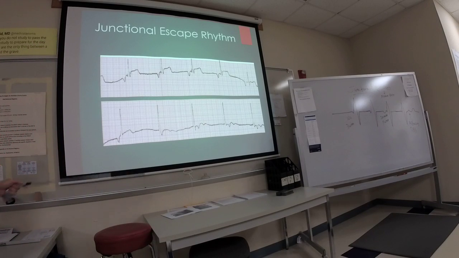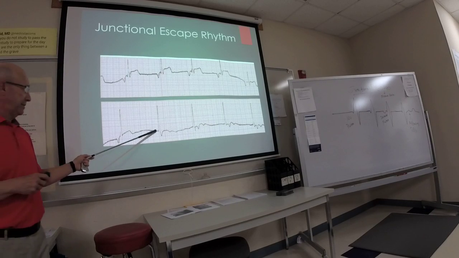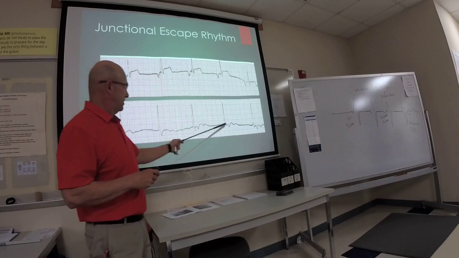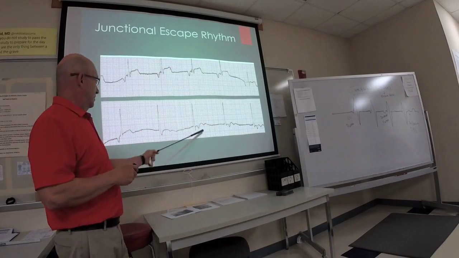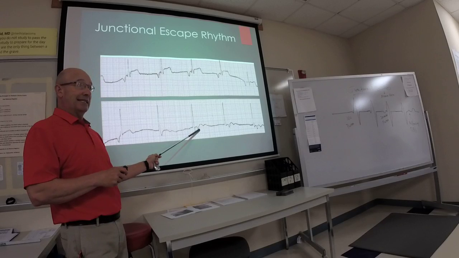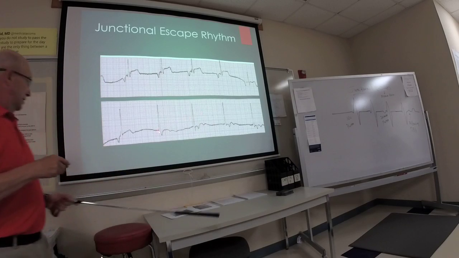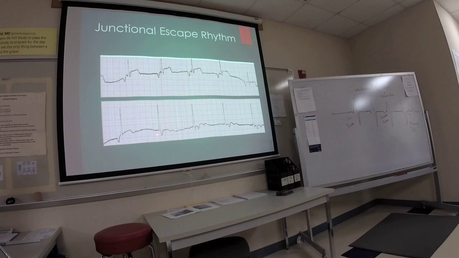So when you look at this, here's the inverted P wave, absent P wave, absent, absent, and then here's one, well, no, never mind. There it is. Precedes. See, so the P wave is absent here. This is your ST segment.